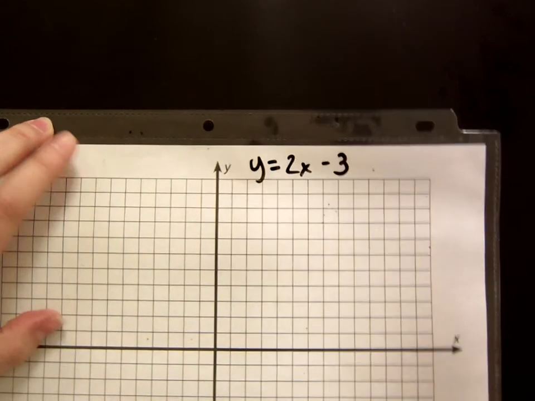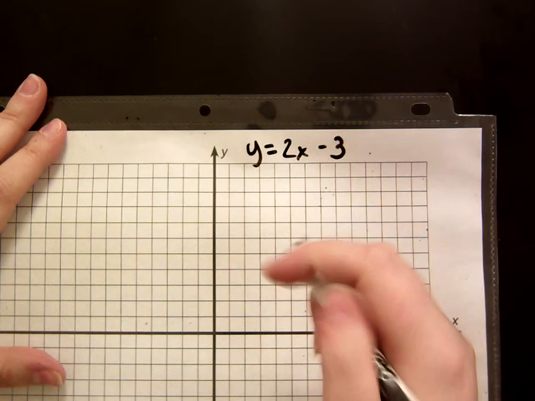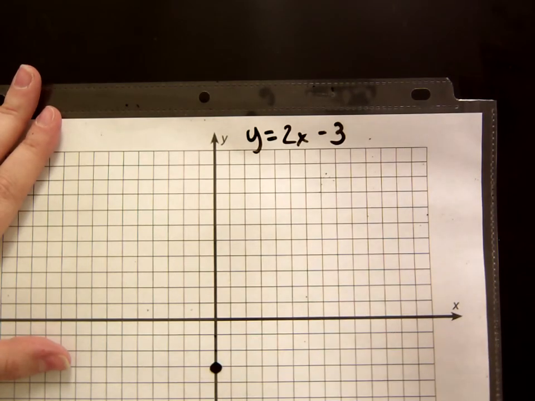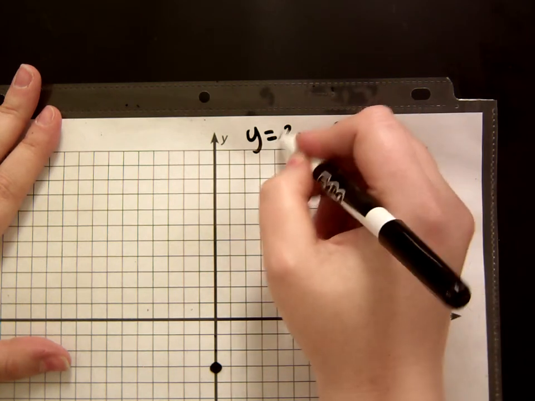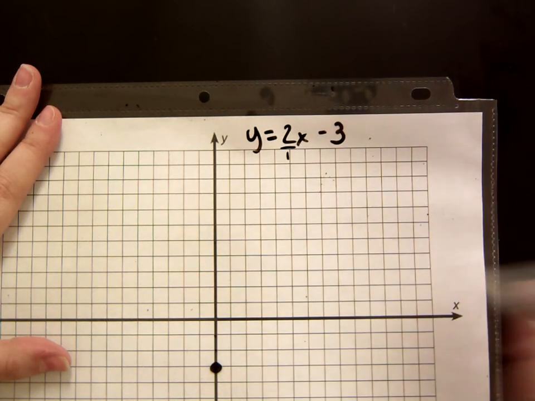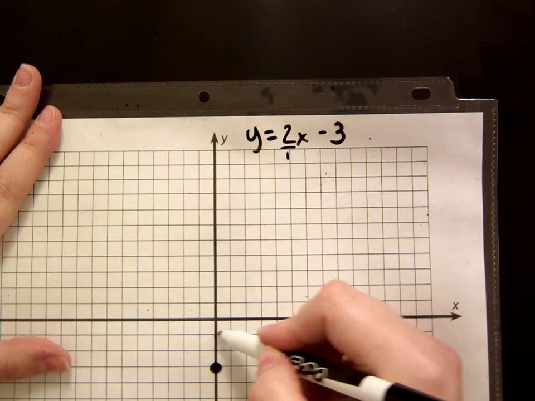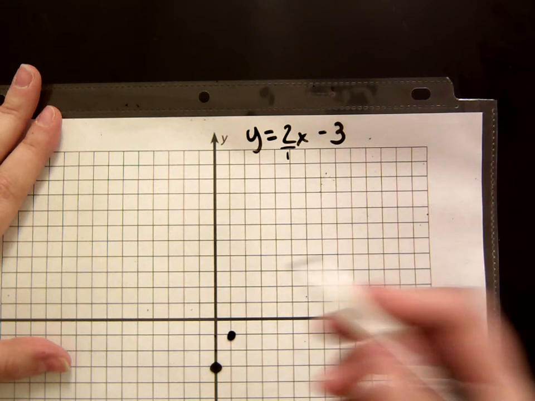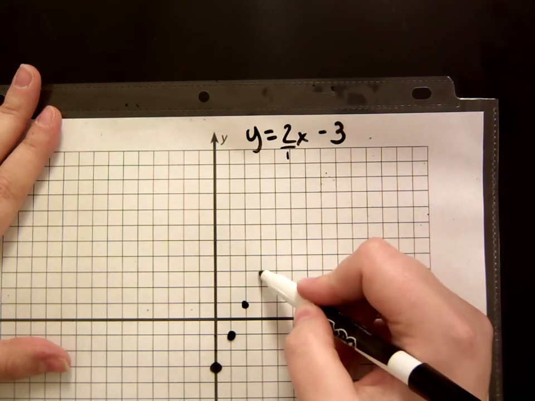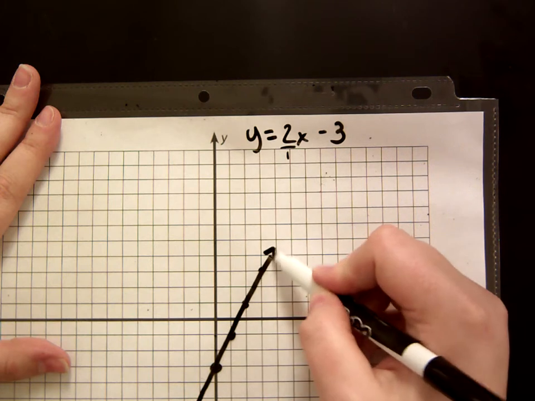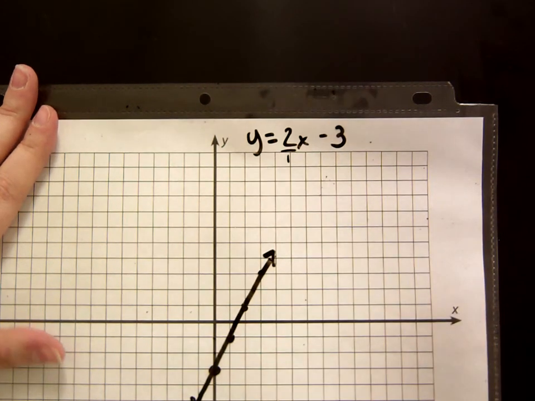You start with your intercept, which is negative 3, so I'm going to go down 1, 2, 3. And then my slope, remember, is rise over run. So 2 over 1 means I go up 2 and over 1. Positive slope slants up and to the right. You can do multiple points if you choose, but that is how you graph the line.